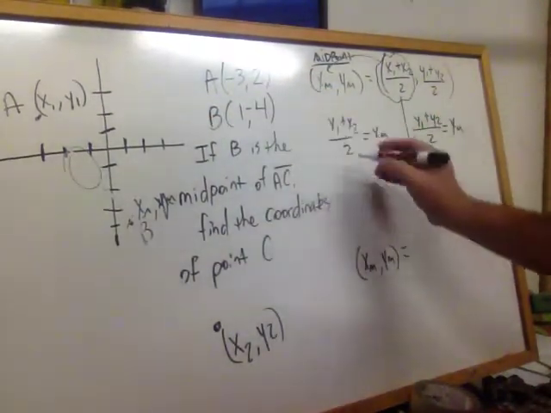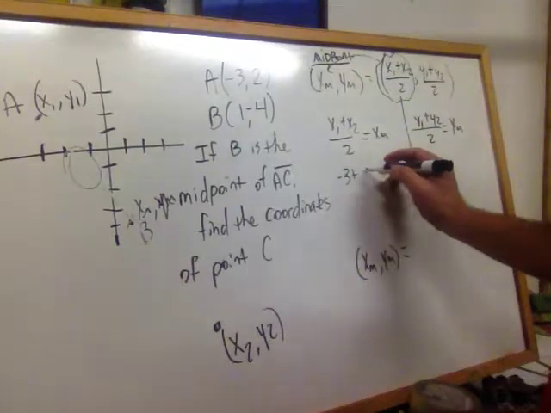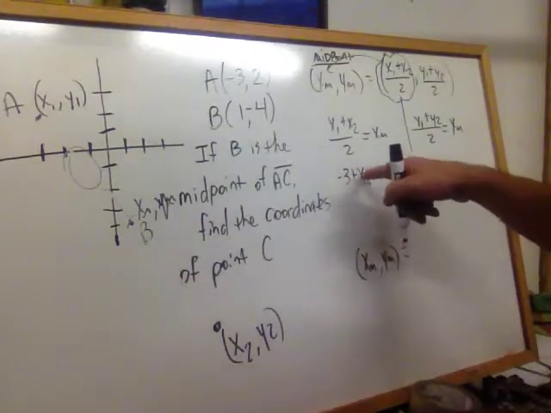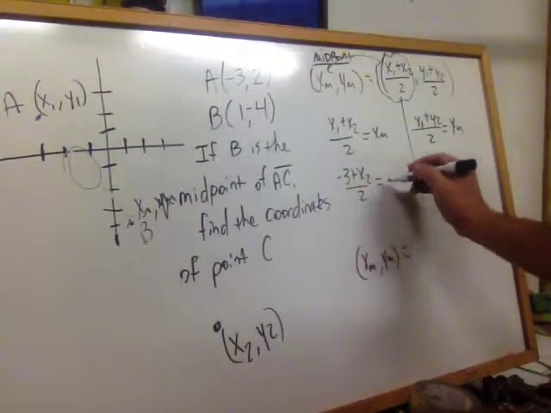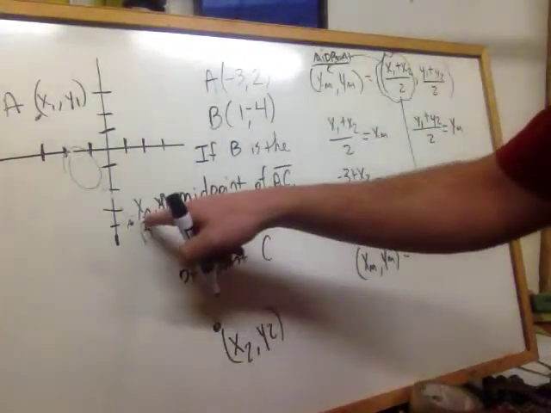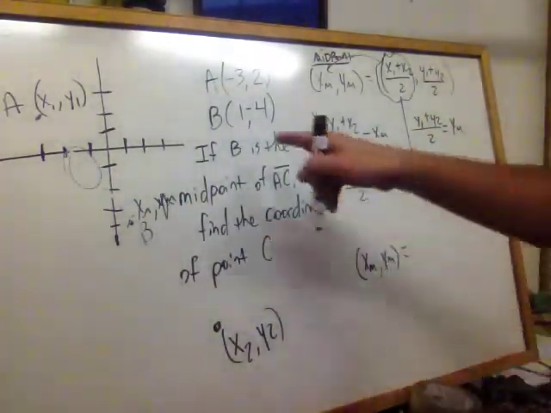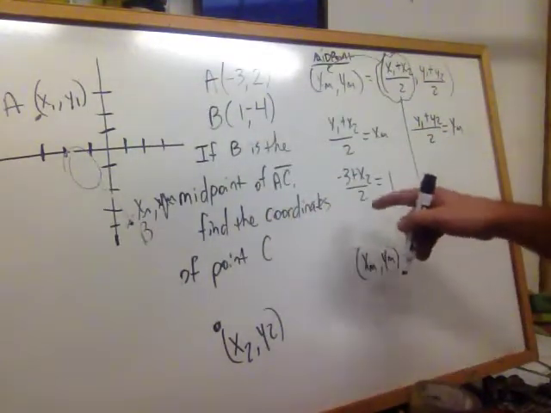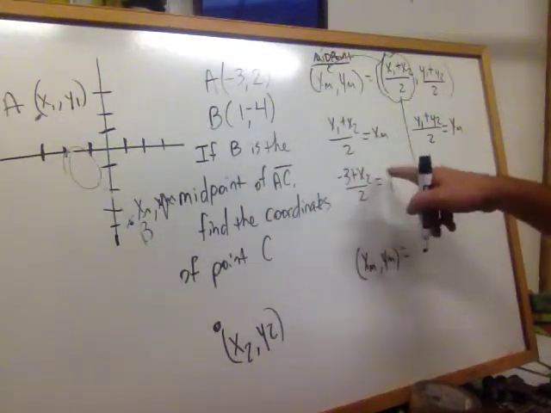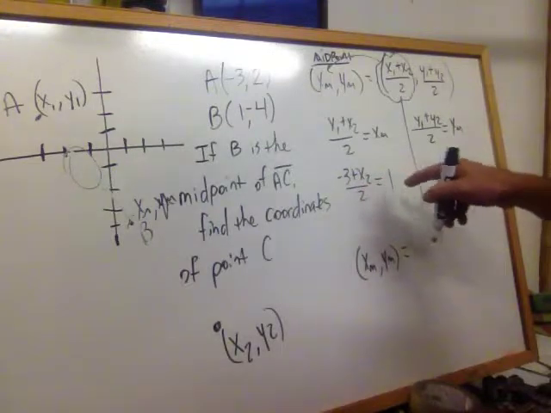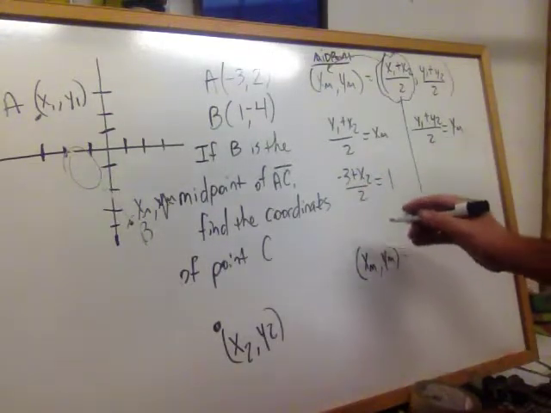So x1 is going to be negative 3 plus some sort of ghost variable for x2, over 2, and that's going to give you the x coordinate of your midpoint, which is B, which is 1. So therefore, to simplify this fraction first, you're going to multiply by the denominator, or also cross multiply.